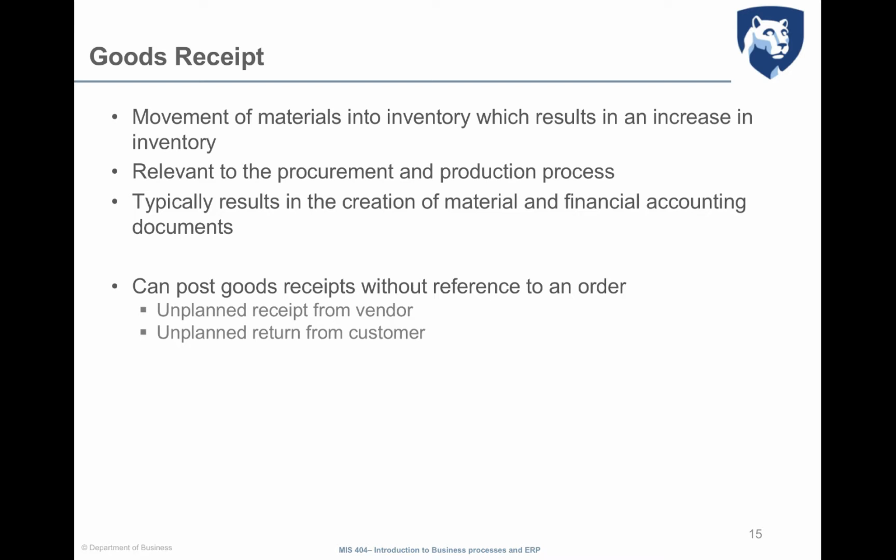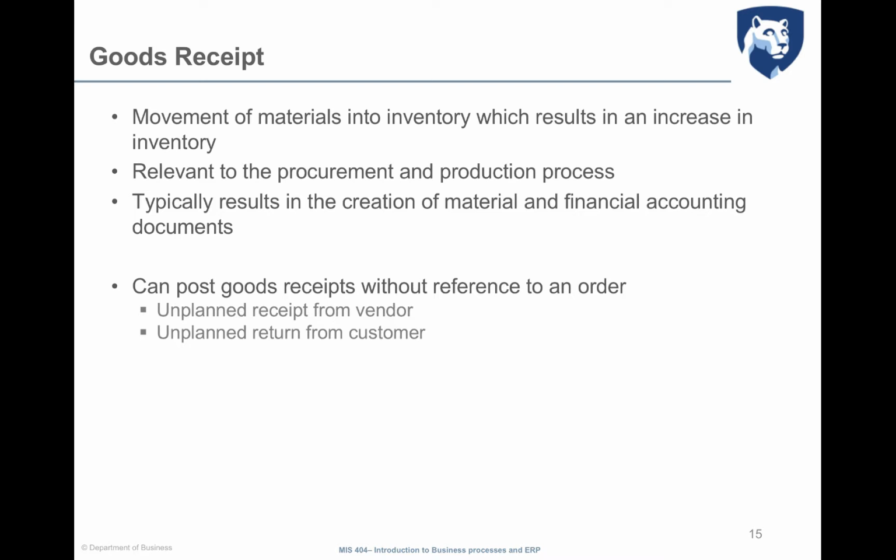In the ideal situation, you will always see that goods receipt is posted in the system upon the existence of an order. However, please consider that you can force goods receipt posting in the system even if an order does not exist.